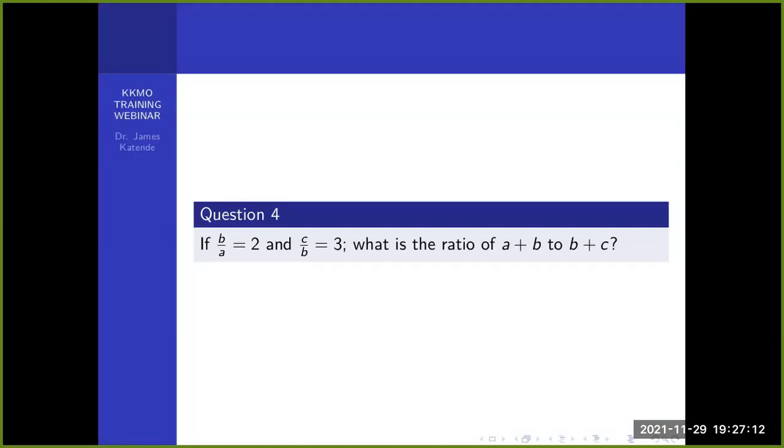It says if B over A is equal to 2 and C over B is equal to 3, what is the ratio of A plus B to B plus C? So should I let you try this? Yeah, just a few minutes. Okay.